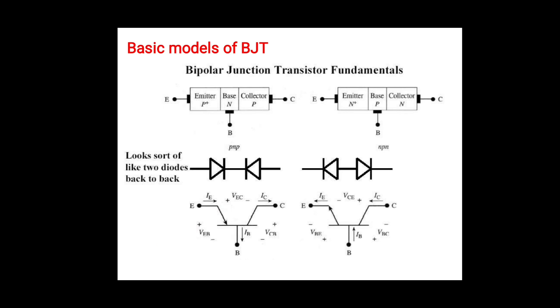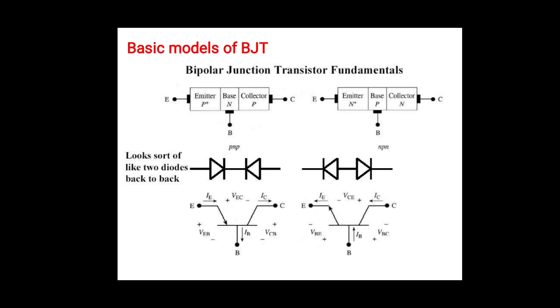So what are the currents? There are three currents flowing. IE is the current through the emitter terminal, and this current is always in the arrow direction.